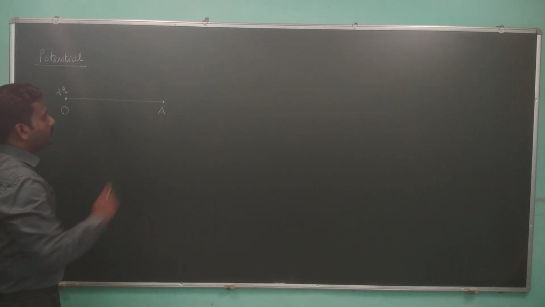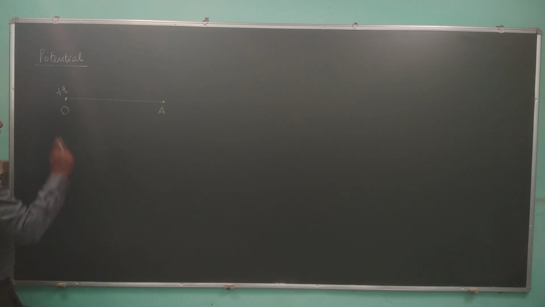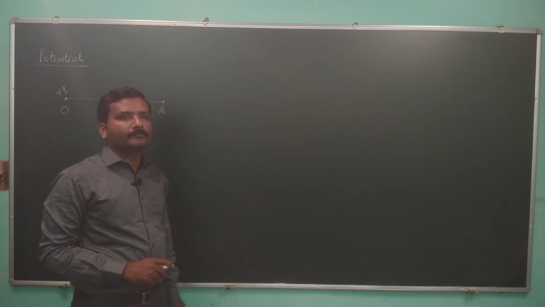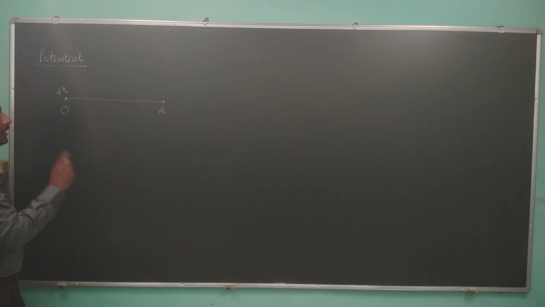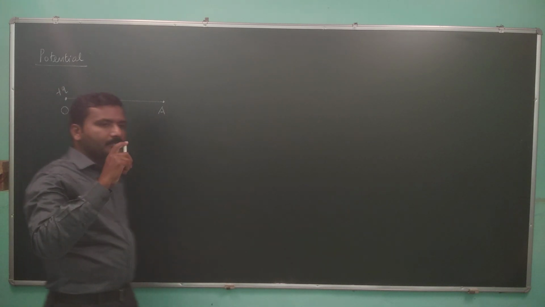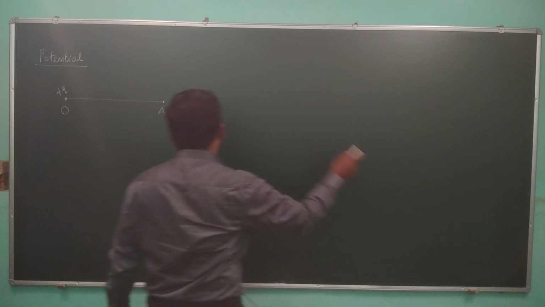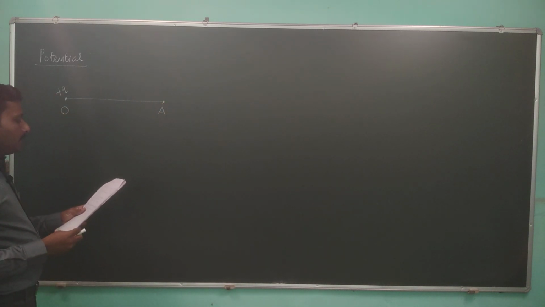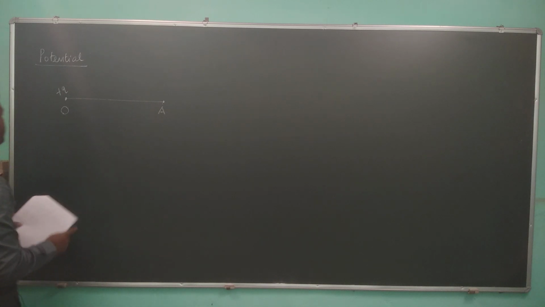Now we can define this work done as potential. This work done, what we have done to bring a unit positive charge from infinity to the point A, is defined as electric potential.